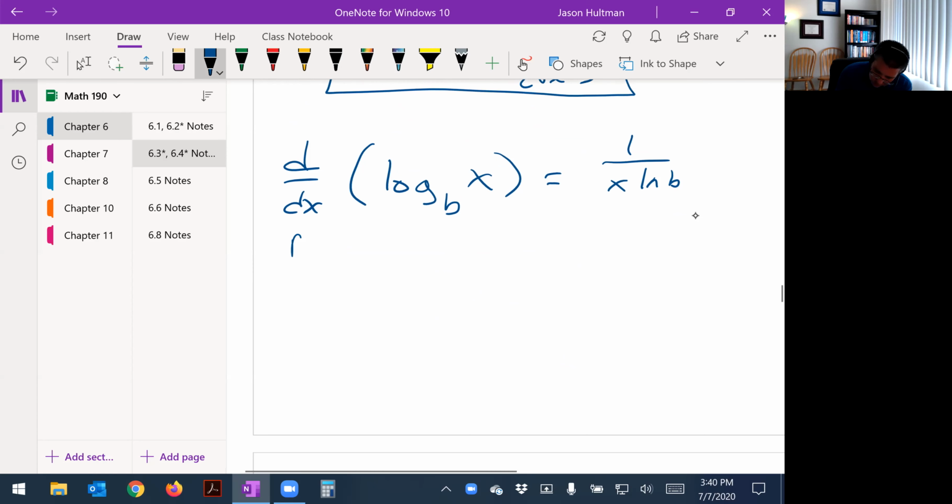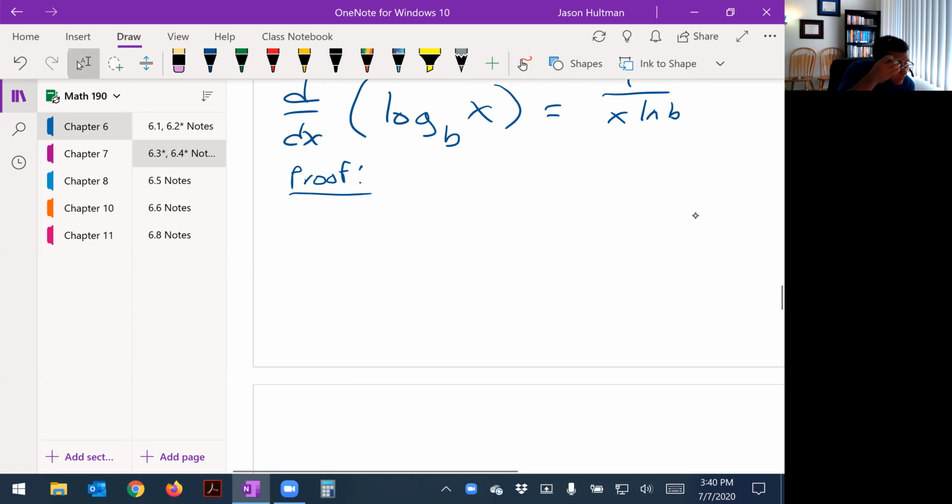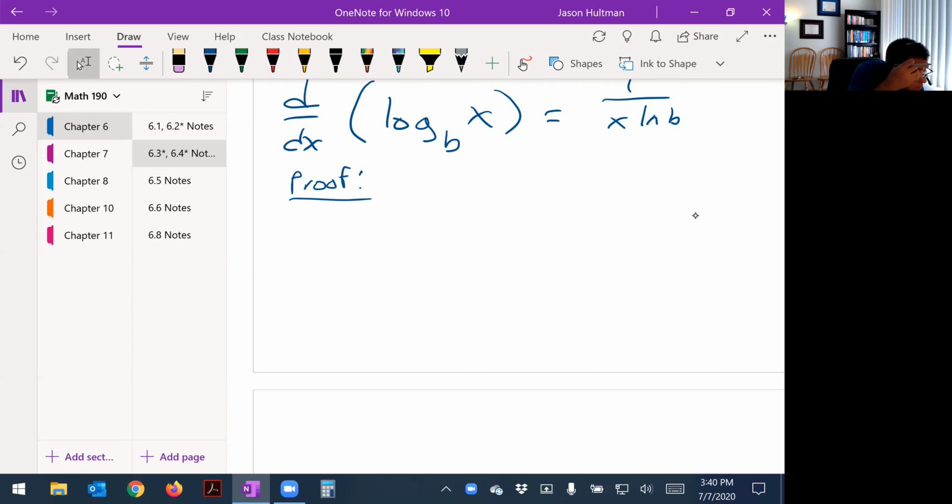Log base b of x is equal to, I'm going to use my change of base formula, not to be confused with the 90s band Ace of Base. Sorry. So it is the natural log of x over the natural log of b.